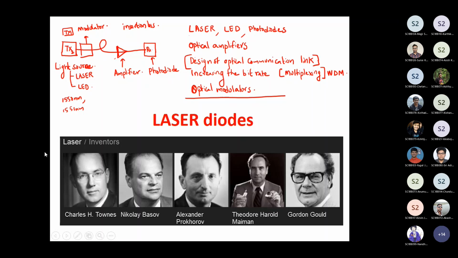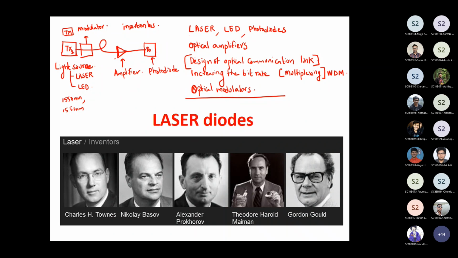That is called multiplexing, and because you are multiplexing different wavelengths, it is called wavelength division multiplexing. For the remainder of our lectures, we are going to discuss all these things. So let's start with lasers and LEDs.